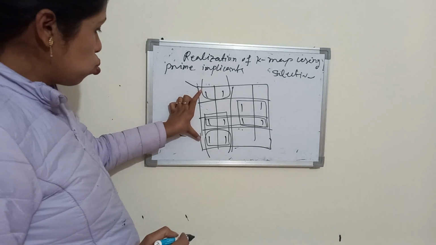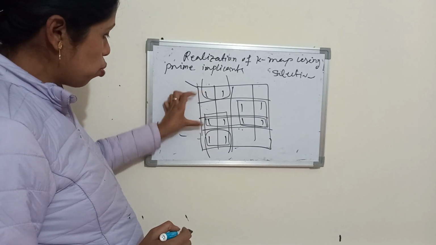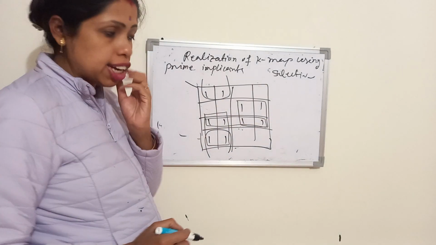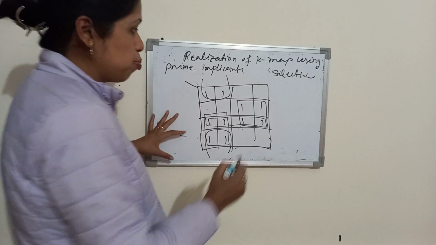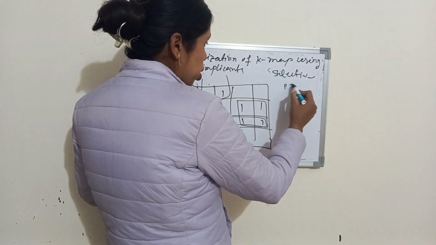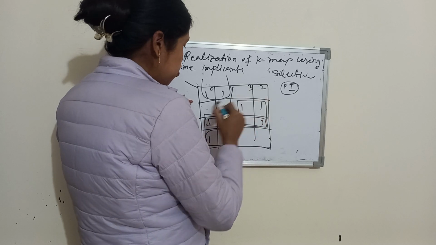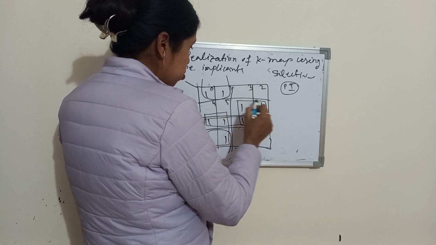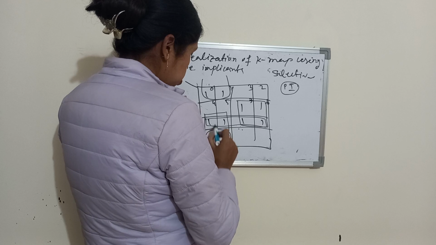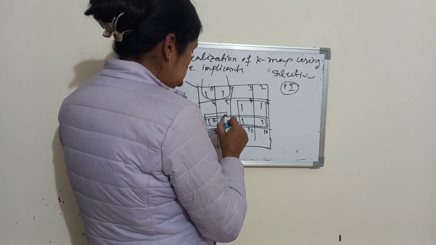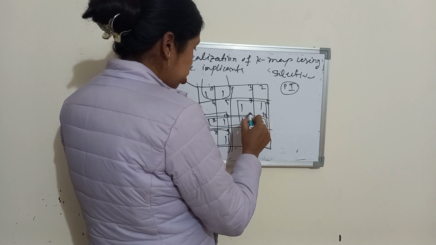So these two ones, this four ones, this four ones, all possible quads. I am just searching. First I have to find the prime implicants. 0, 1, 2, 3, 4, 5, 6, 7, 8, 9, 10, 11, 12, 13, 14, 15.